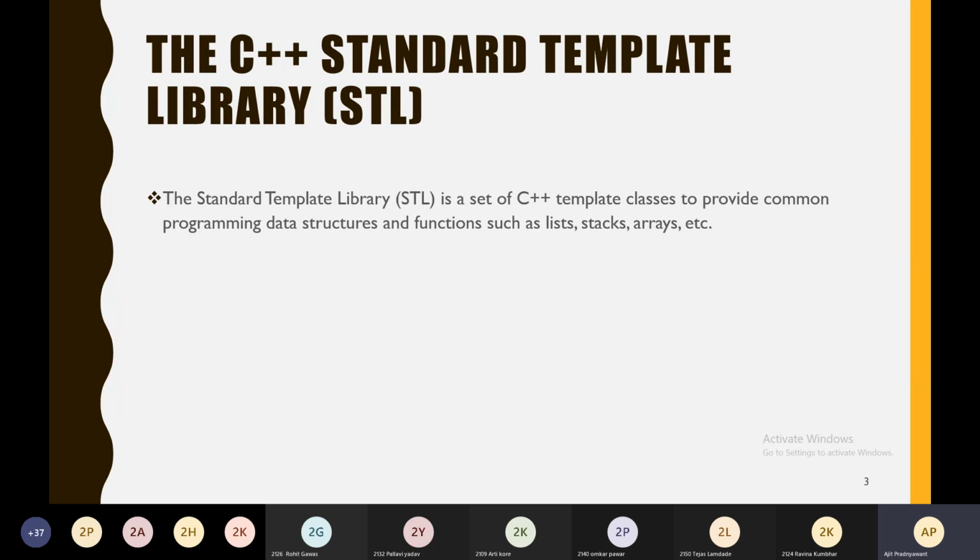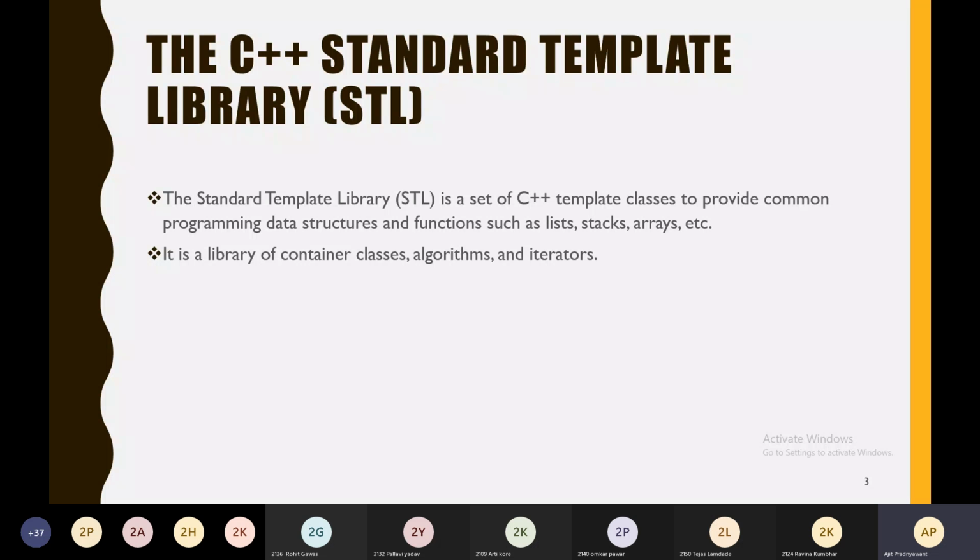You have already learned what is meant by list, stack, and arrays. So this STL is a set of C++ template classes to provide common programming data structures and functions.